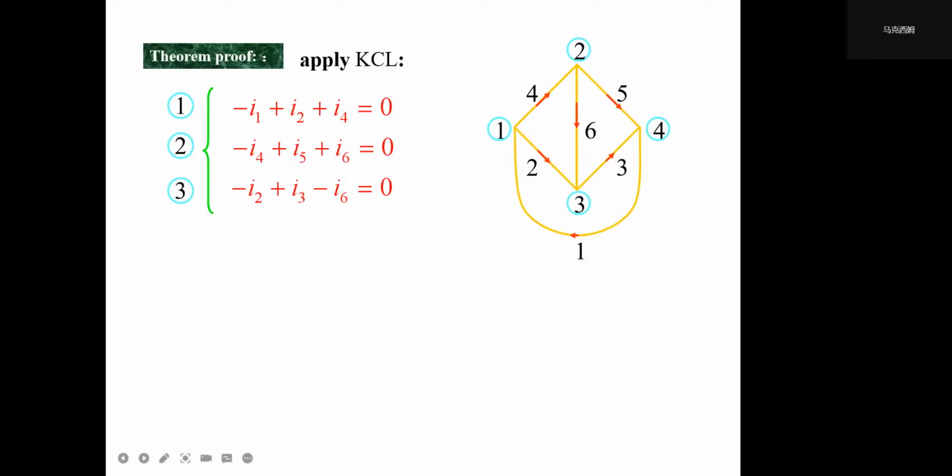So we have at least 3 KCL equations. And we apply this formula: sum of Uk times Ik, where k is from 1 to b.